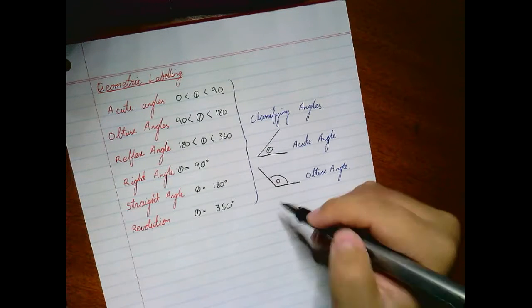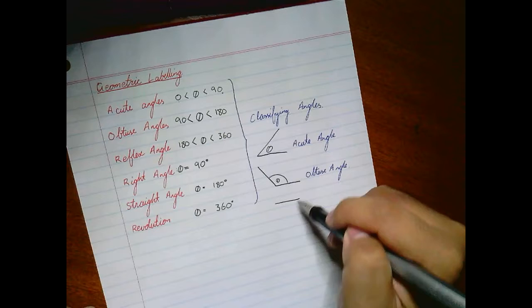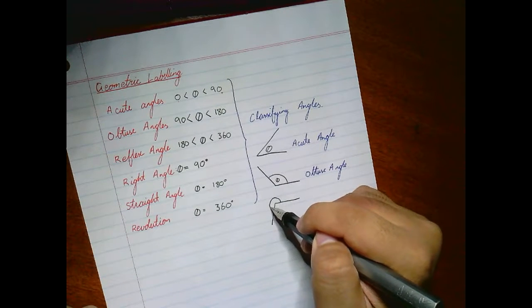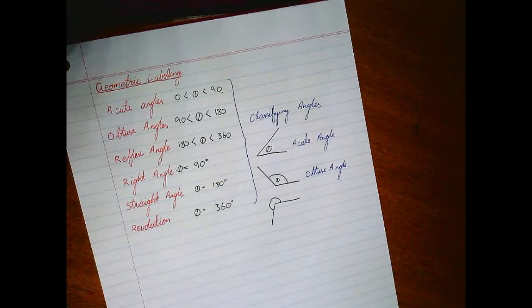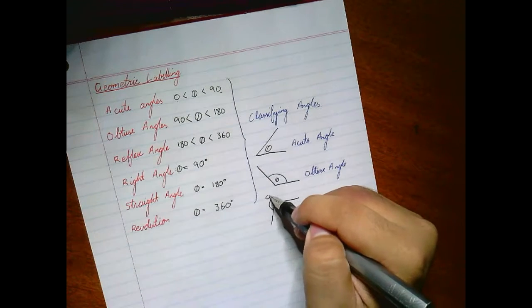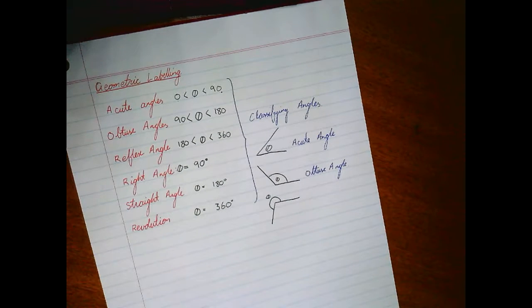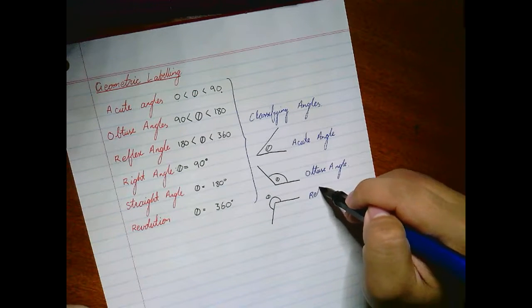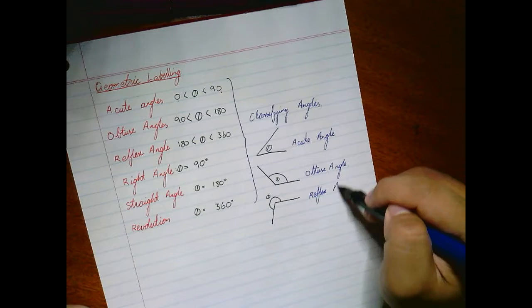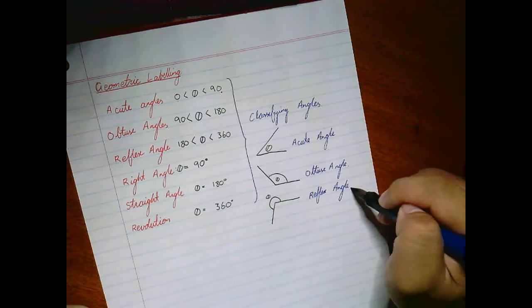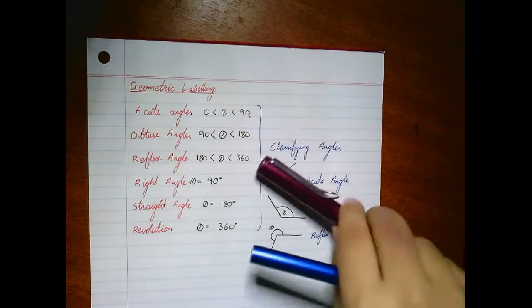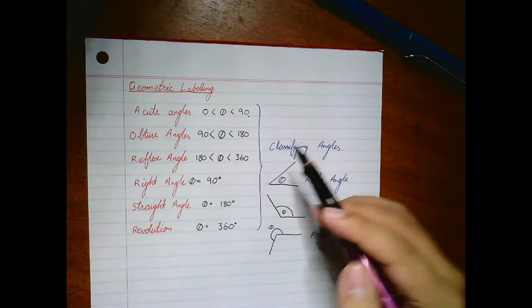And finally, we can just keep going. One more. I give it to you like this. We can classify that one. So theta this time is on the outside. This time we know that this is a reflex angle. But this is just classifying angles.